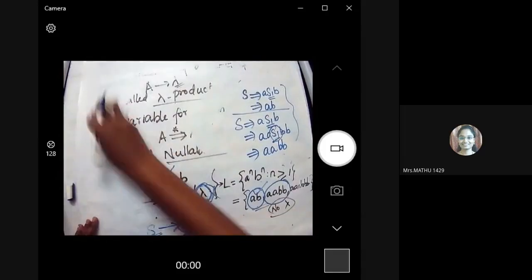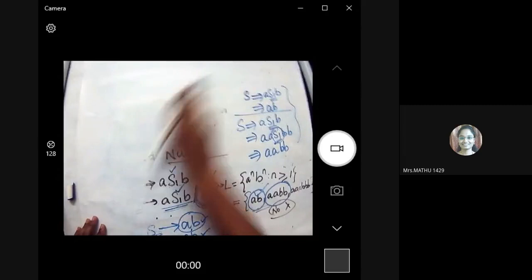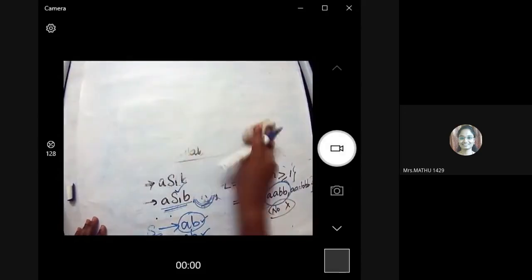So quickly we'll solve one more problem related to this, then we'll move on to unit production. Please take down the problem.